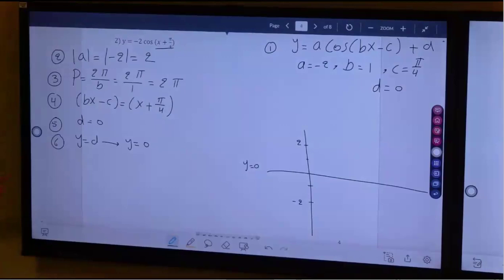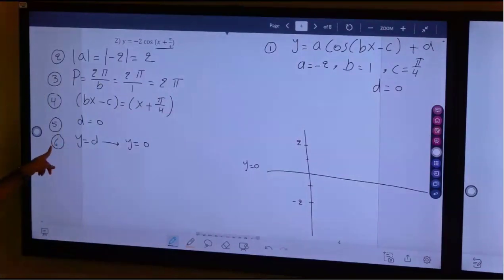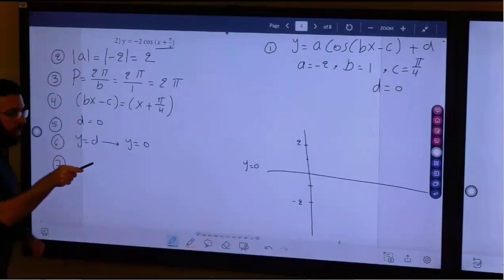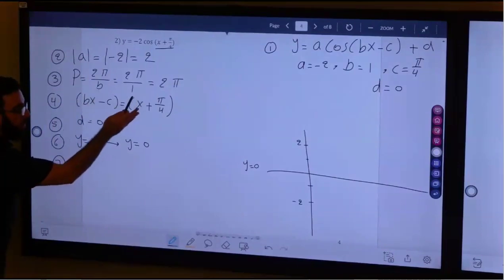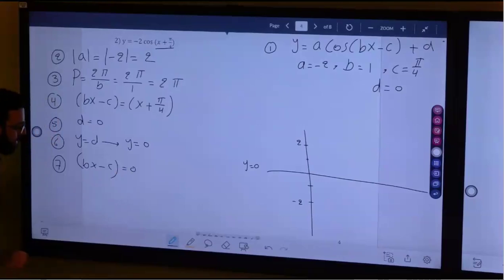You got it? So where's 6? Oh, this is step 6. Step 7 is what? Determine the initial endpoint. So the initial point, right? How are we gonna find the initial point, which is the basis, bx minus c? I'm writing this down so you can know what I'm doing. Bx minus c equals 0, right?